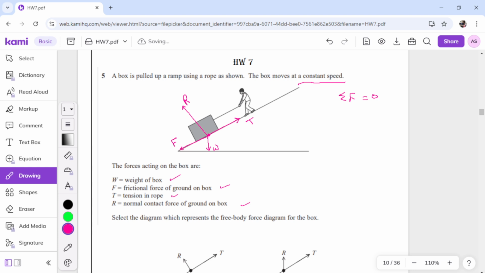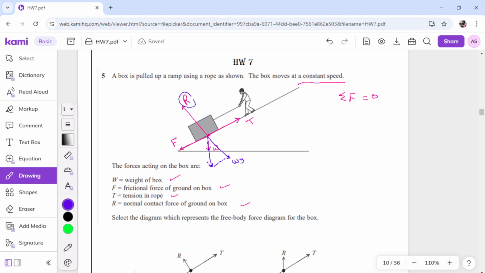But pay attention. If the object is moving with a constant speed, it means what? The force up equals the force down. So what is the force up? R. So the force down will be what? Wy, the vertical component of weight. So I have to extend the weight. So this is the vertical component of weight.